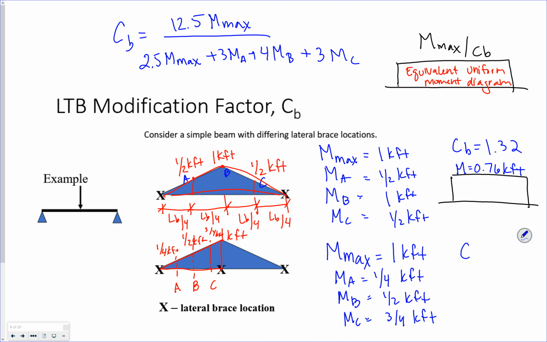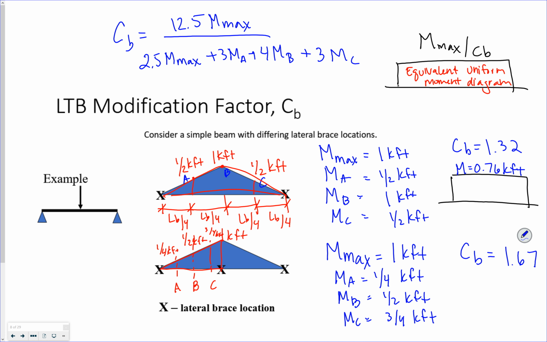So what value does that give me for my CB? I got a value of 1.67.